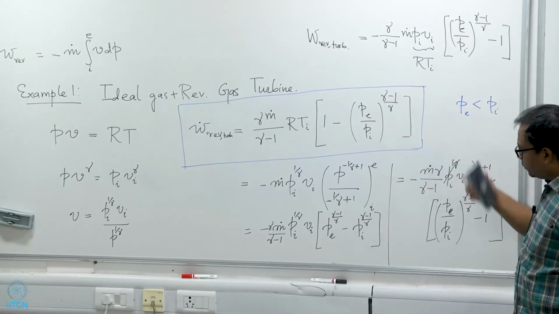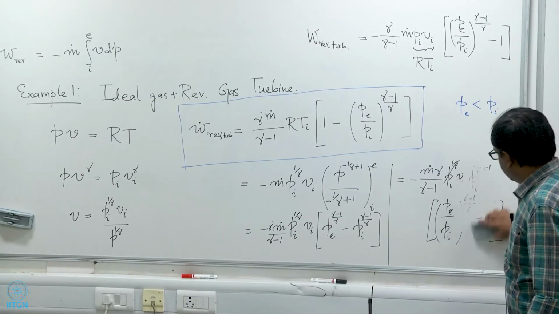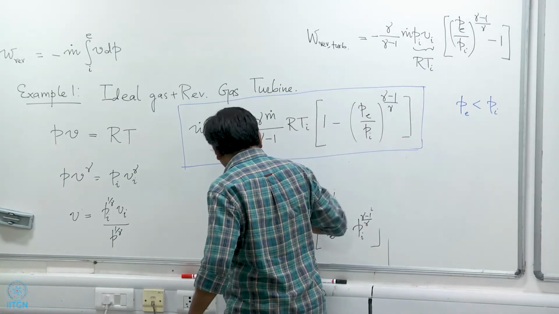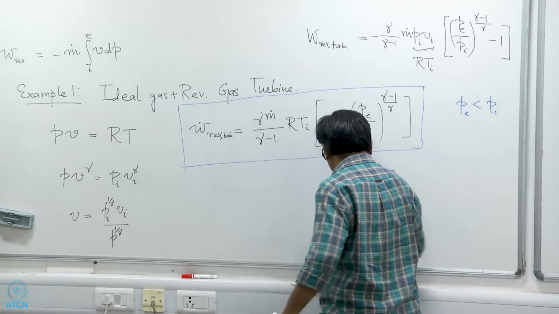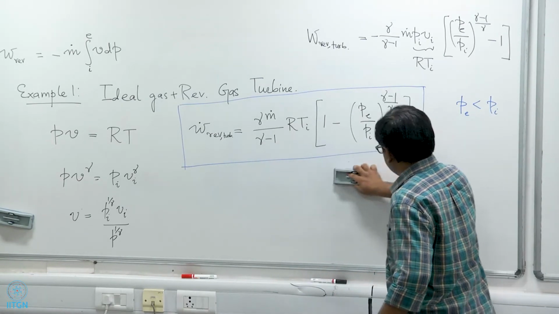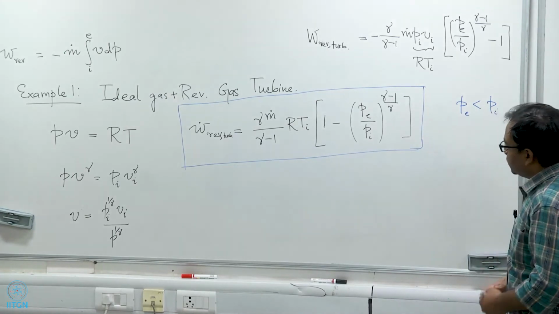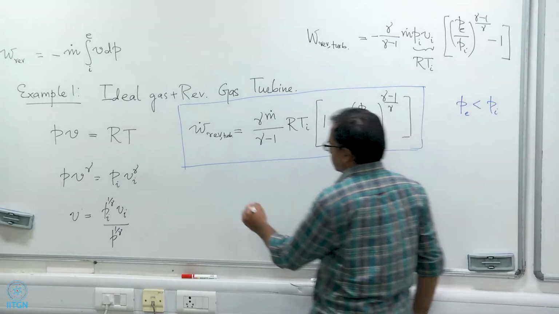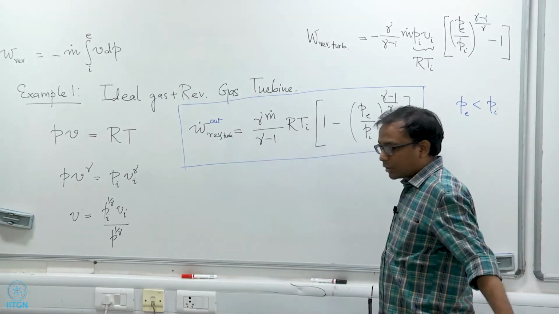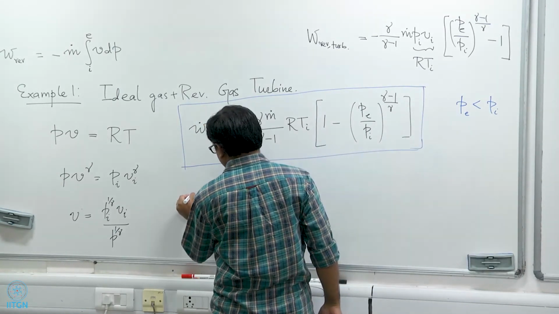You can also very easily write the work input required in a compressor. What you just need to do is reverse the sign. So, this is work output, and similarly you can write for a compressor.